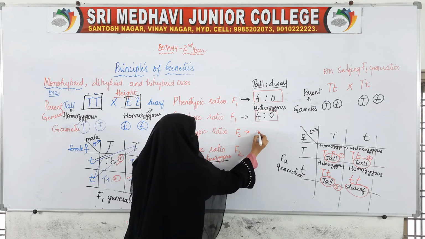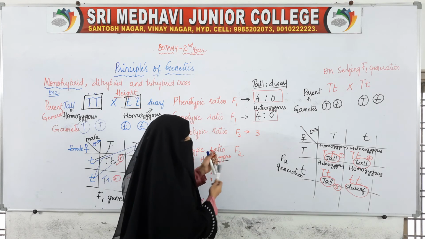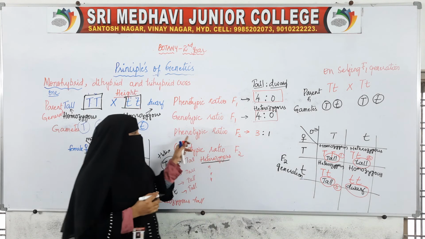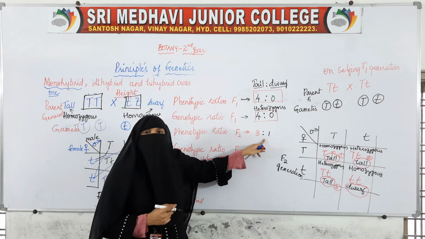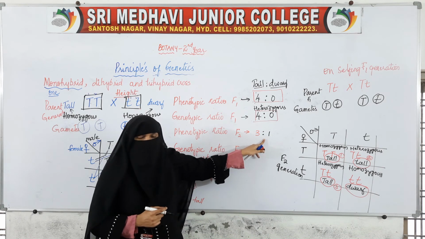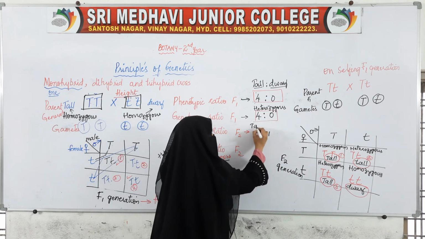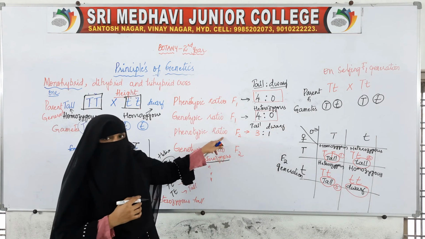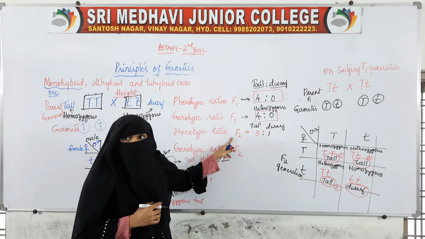So tall is 3 and dwarf is 1. So in the F2 generation we get the phenotypic ratio as 3:1. That is 3 tall and 1 dwarf. Appearance wise we get 3 tall plants and 1 dwarf plant in the F2 generation.